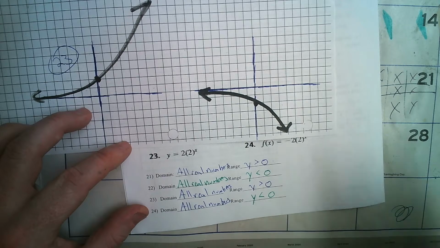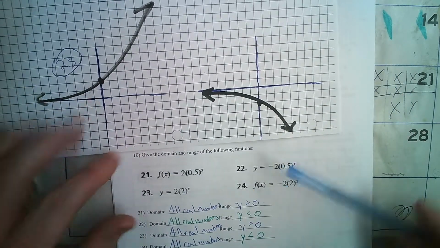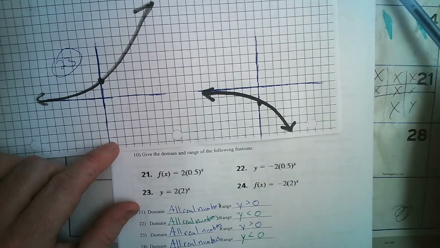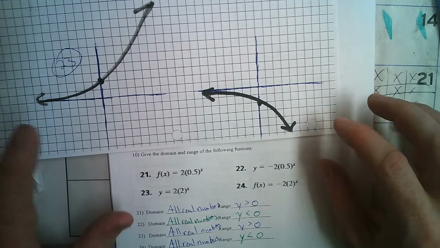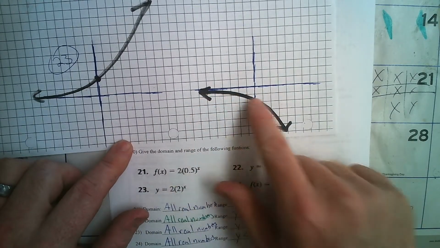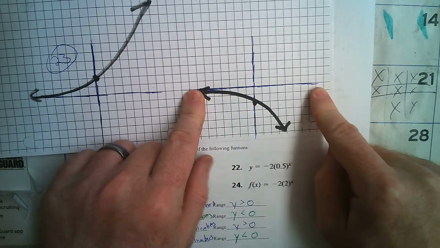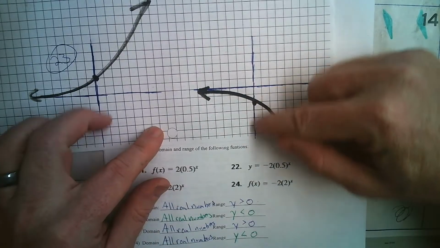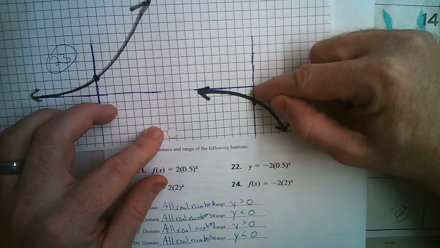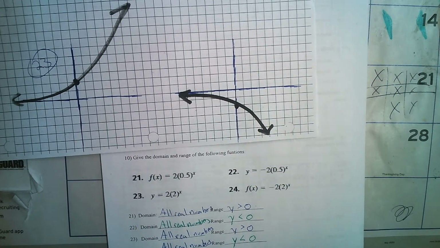So that takes you through the first 4 problems in the domain and range of exponential functions. The best way to do this always is to graph it on Desmos and describe the graph. The domain describes the left and the right. The range describes vertically from bottom to top. Thank you, and this will continue on the next clip.